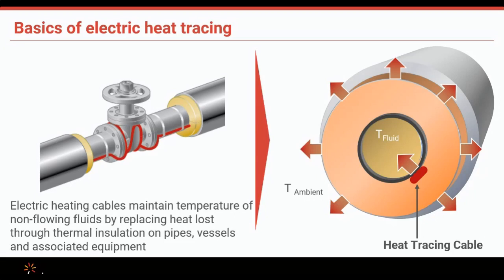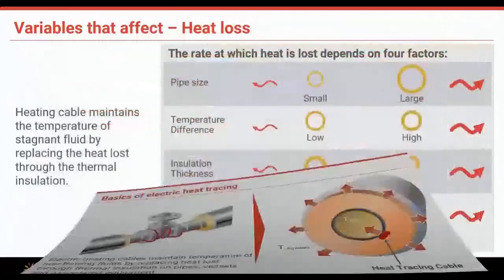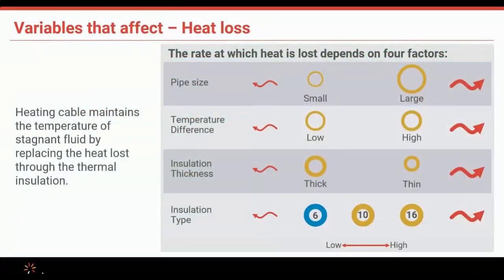With every heat trace application, what you're really trying to do is drive more heat into the pipe than what is being lost through the insulation factor. There's a lot of things that go into those calculations. Pipe size is a really big one.